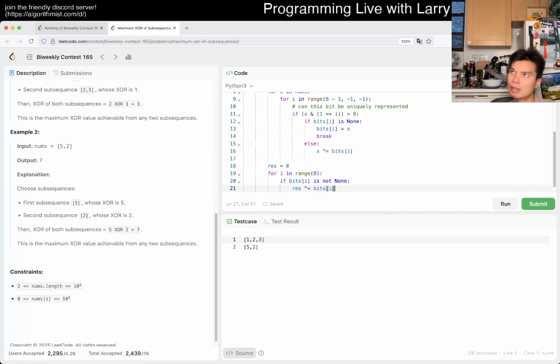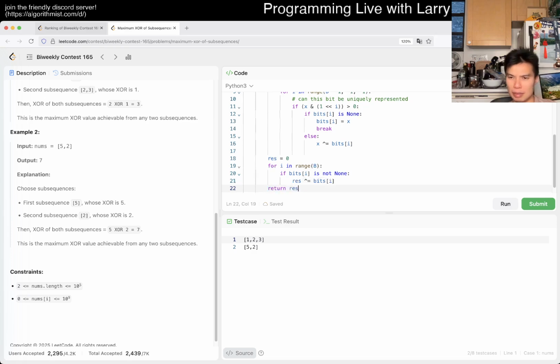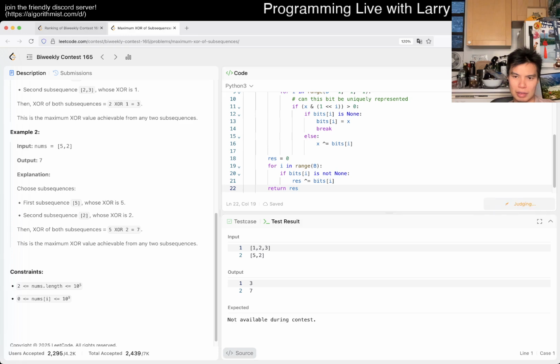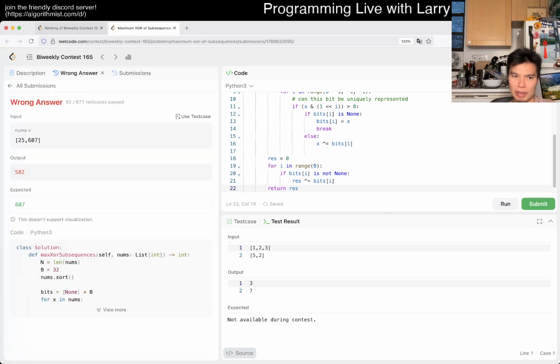Maybe something like that. Is that right? YOLO. Not quite sure about this one, honestly. I think I'm missing something a little bit.